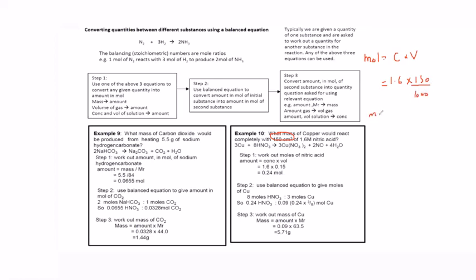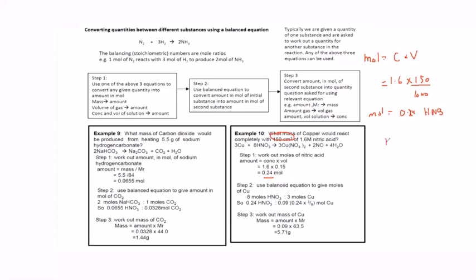So we'll get the moles. How many moles of nitric acid? 1.6 multiplied by 0.15 will give you 0.24 moles. So we have 0.24 moles of nitric acid. But the question is, find the mass of copper. So from the moles of nitric acid, 0.24 moles, we will find the moles of copper.